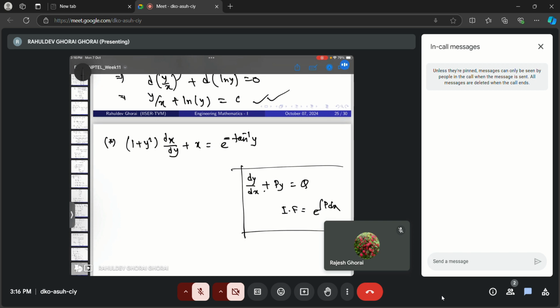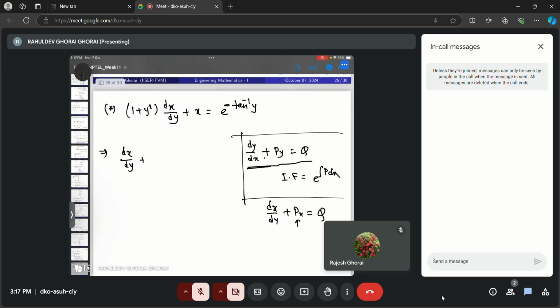First of all, let us rewrite the differential equation as dx/dy + Px = Q. In that case, P has to be a function of only y, and the integrating factor again will be e^(∫P dy), not dx.